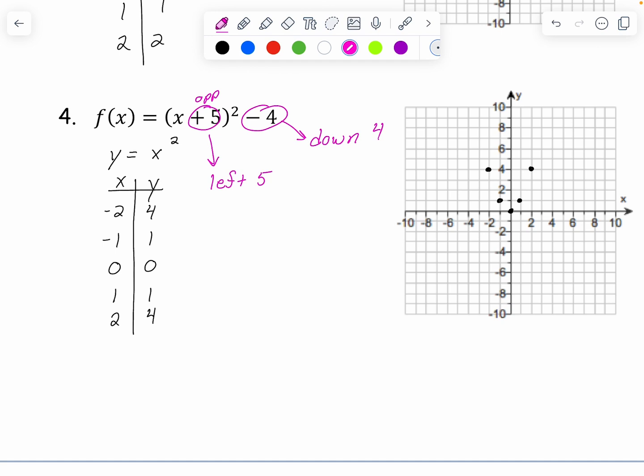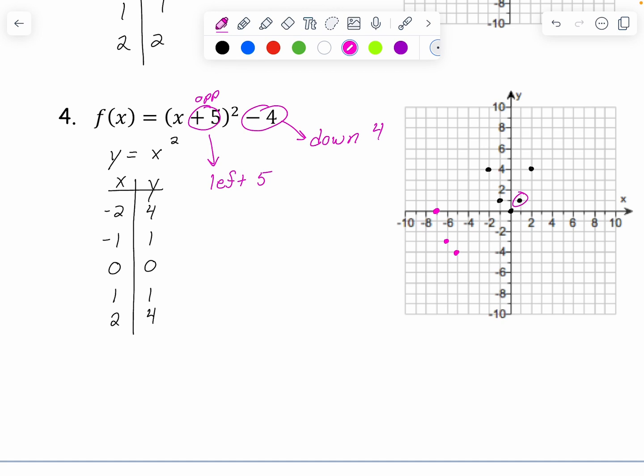So we're going to take each one of our parent function points and we're going to shift it left 5 and down 4. So if we take this first one and we count left 1, 2, 3, 4, 5 and down 1, 2, 3, 4. Then we'll take this next point and we're going to count left 5, down 4. Then we take this point and we count left 5, down 4.